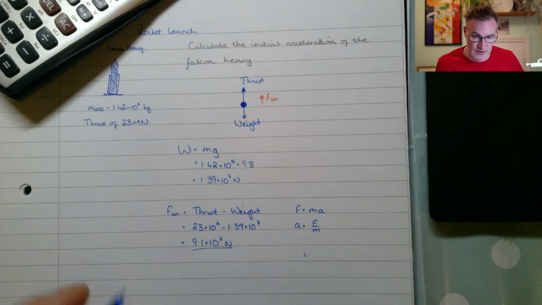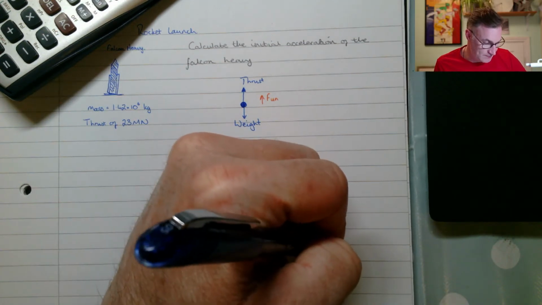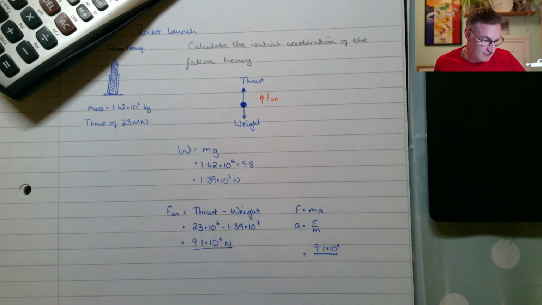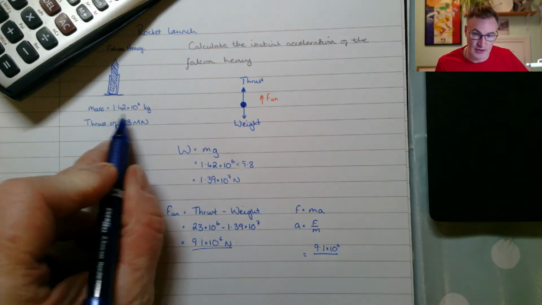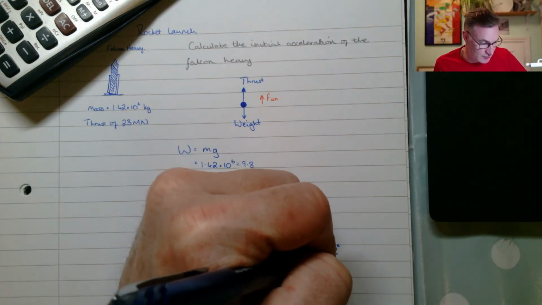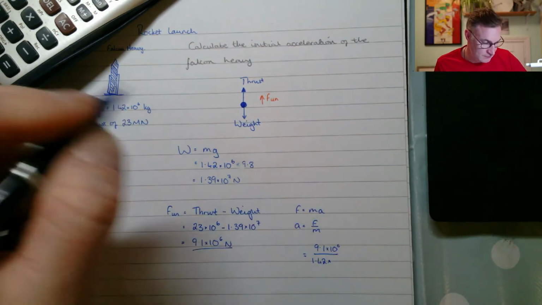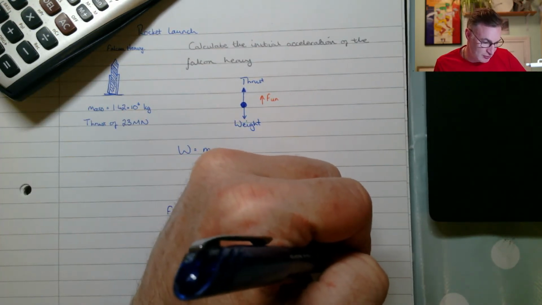And so for this, we'll put 9.1 times 10 to the power of 6 divided by the mass of the rocket, which in this case is 1.42 times 10 to the power of 6.